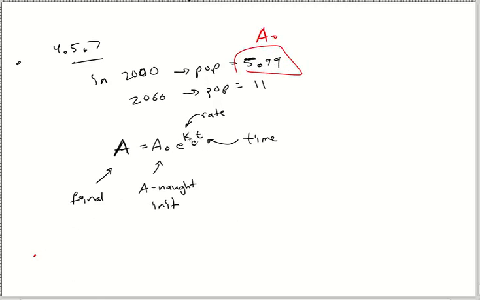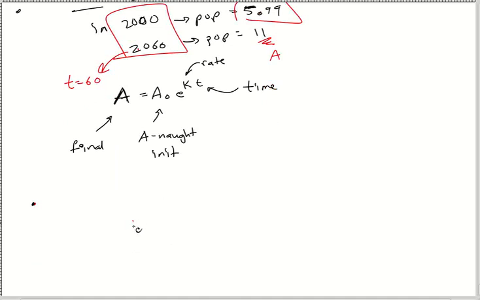To find this K, I need to find my T's and stuff. So notice right here, T would be 60. And this guy right here is going to be your final A, at least for right now. So then I have now 11 is equal to 5.99 e to the k times 60.